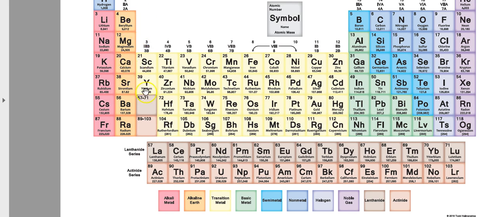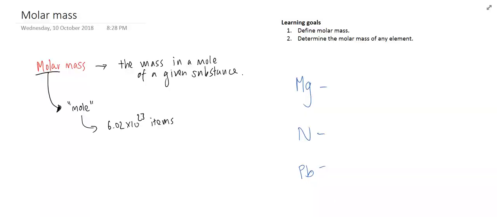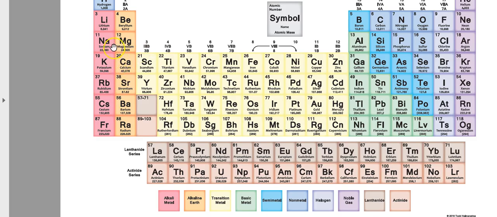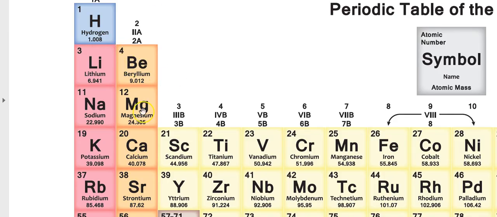Now the first one, magnesium, we find here. Now we look at this number here at the bottom. So this top number here represents the atomic number. This down here is the relative atomic mass.